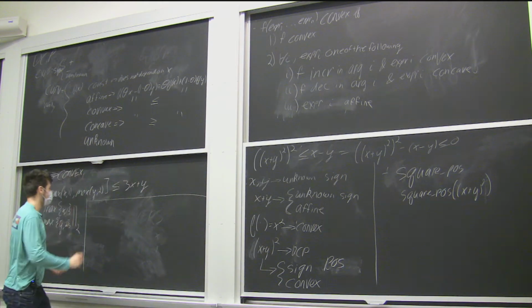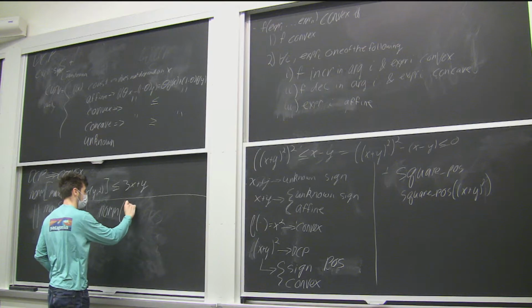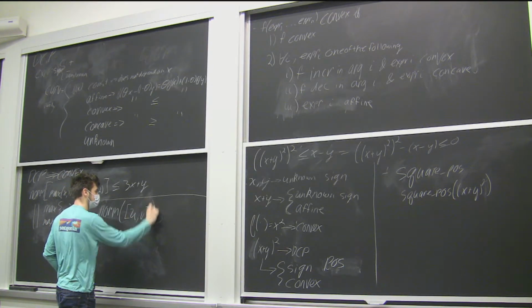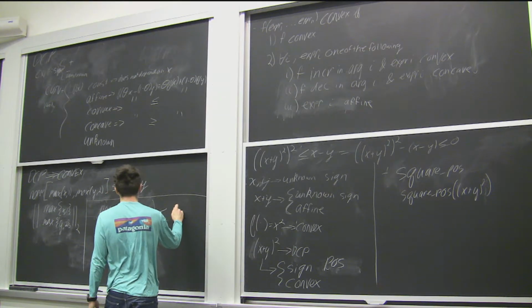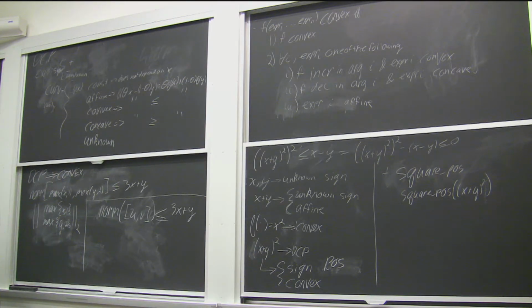So that means I want something of the form norm of u, v less than or equal to, right? It needs to be an affine function of the input arguments, the input expressions. But if I do that, I've just introduced two new symbols. And convex optimization solvers are going to do exactly what you told them to. So if I introduce two free symbols, it's going to treat them like free symbols. So I do need to constrain these.